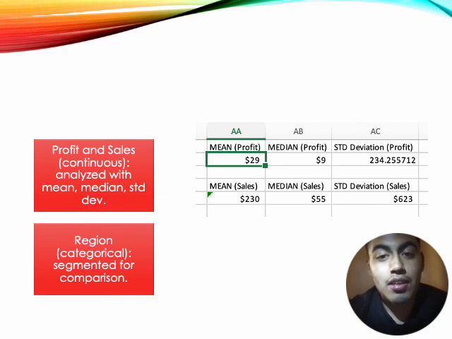The sales data also exhibits high variability, with a standard deviation of $623, pointing to very inconsistent dollar values in the transaction sizes. These figures suggest that while some transactions are highly lucrative, the overall majority are more modest, and overall profit and sales performance are highly variable.